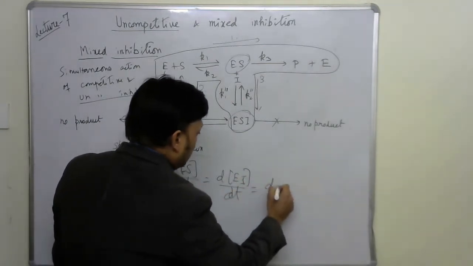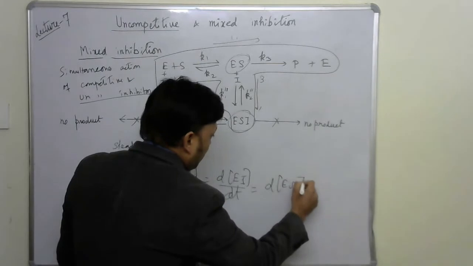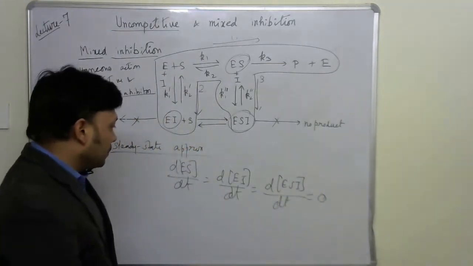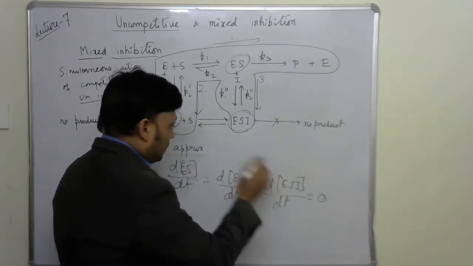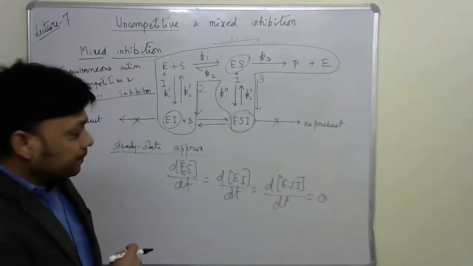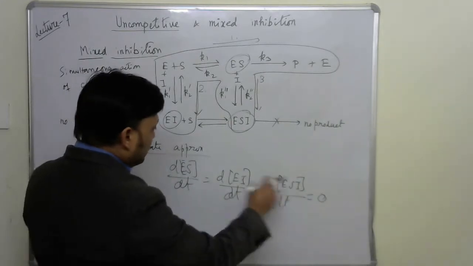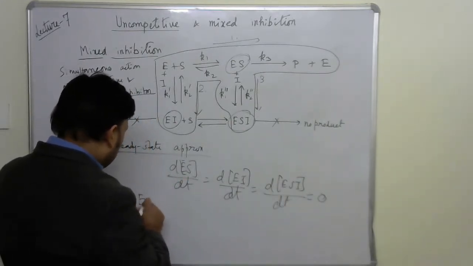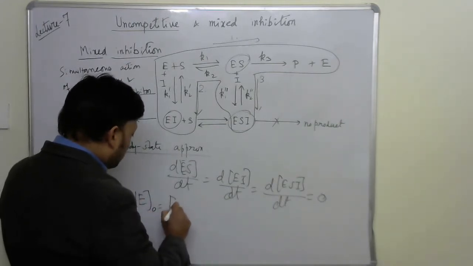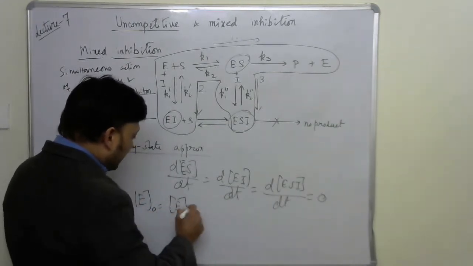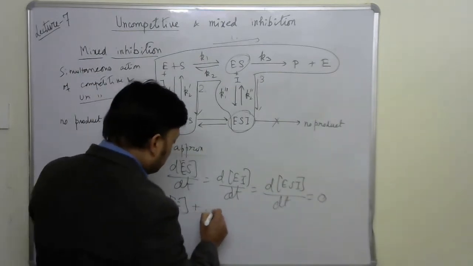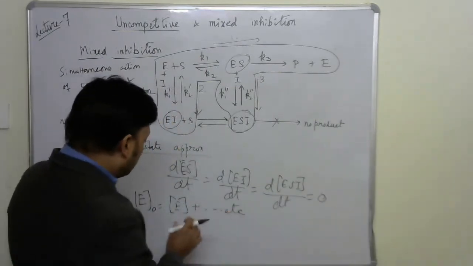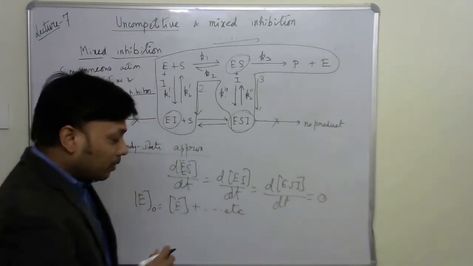approximations, and by now this kind of treatment should be very familiar to us. So if I apply this approximation, and also there is one more equation, that total enzyme E naught is the unreacted enzyme plus some more concentration terms where the enzyme E can be found.